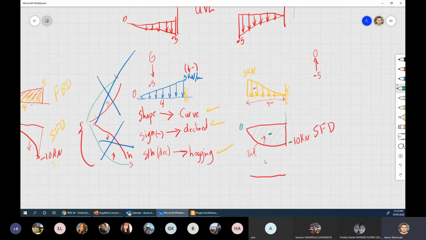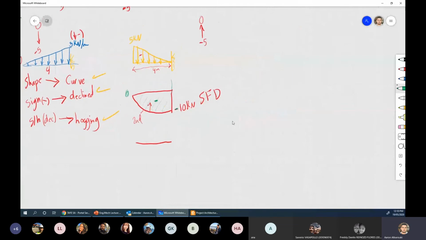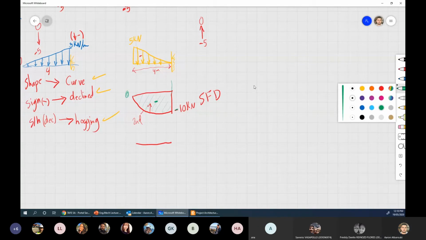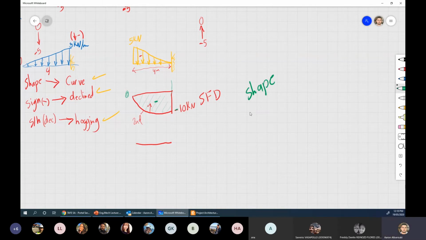For any curve we need to draw, we said we need to ask ourselves these questions: the shape first. Then the direction, or the sign, will give us the direction. And is it sagging or hogging, or is it facing up or down?